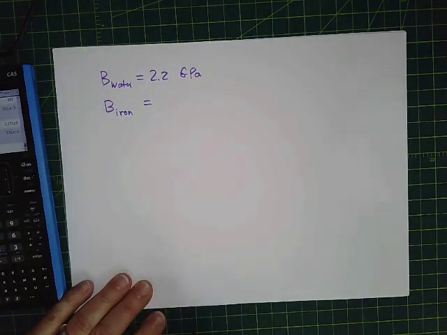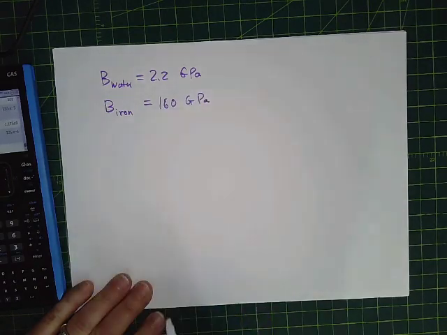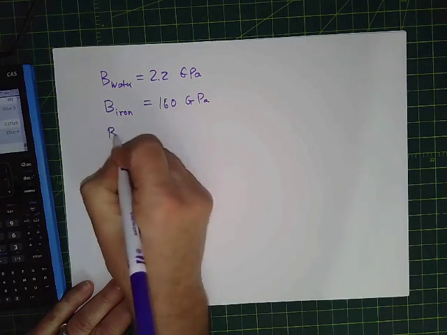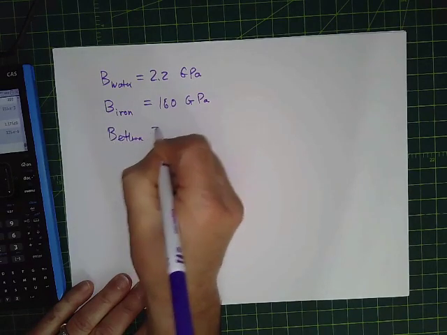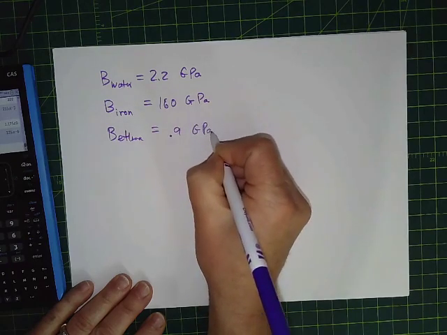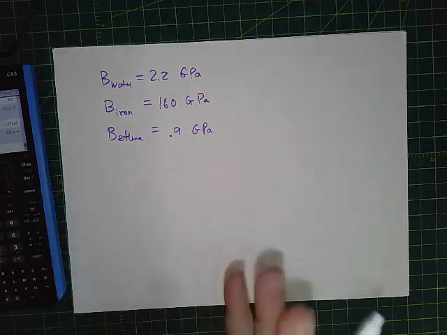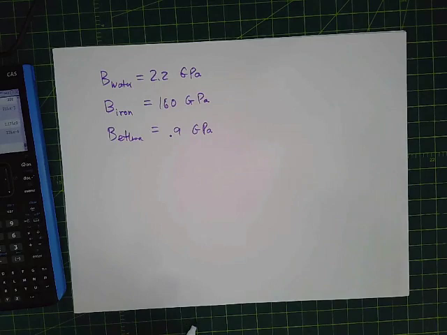Iron is 160 gigapascals for bulk modulus. How about ethanol? A gas is 0.9 gigapascals. A material with a large B will be very difficult to squish, very difficult to compress. So iron is going to be a lot harder to squish than water or ethanol.